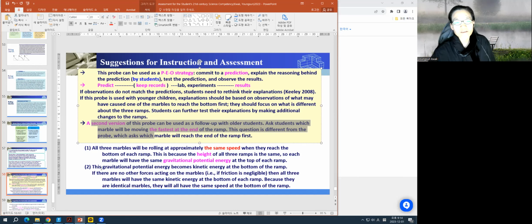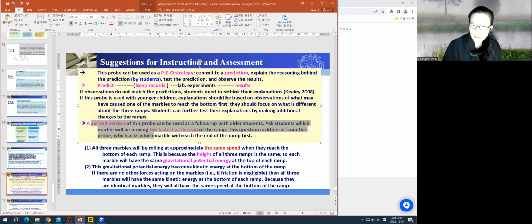Okay, this is another one. This gravitational potential energy becomes kinetic energy, motion energy, at the bottom of the ramp. But there should be a control variable. Remember, the independent and dependent variables aside, other variables should be kept constant or the same. It's called the control variable.